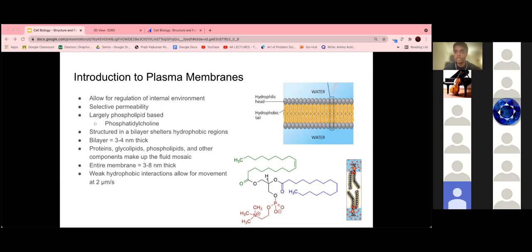Membranes are fluid because they're held together by weak hydrophobic interactions, and this allows them to move at speeds of around 2 microns per second. And right here, you can see another representation of a phospholipid with the tails and the heads. I'll be going a bit more over the structure in the next slide.